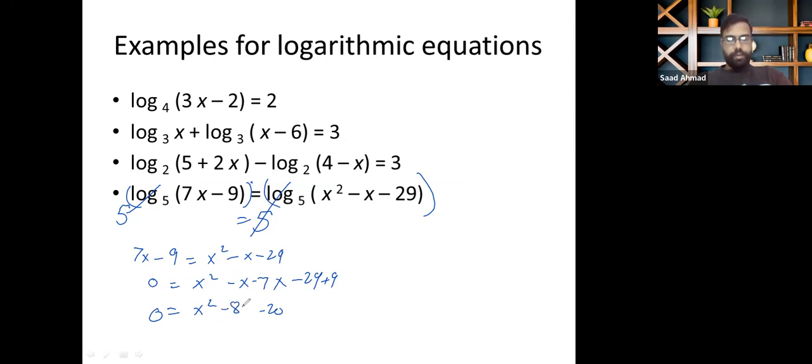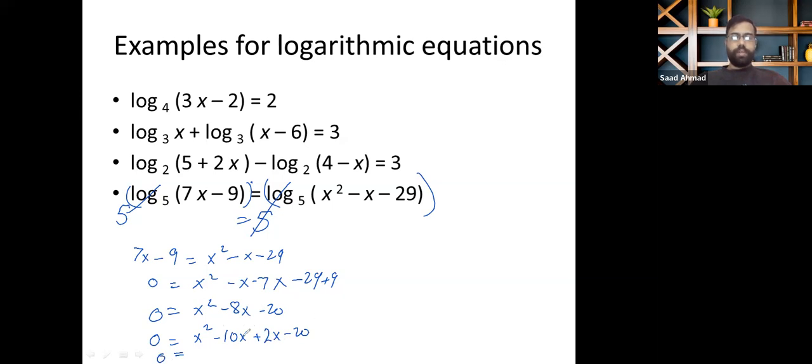Negative 8. Okay, now I need two numbers that when I add them, I get negative 8, but when I multiply them, I get negative 20. So that will be the 10 and the 2. So I will get x squared minus 10x plus 2x minus 20.